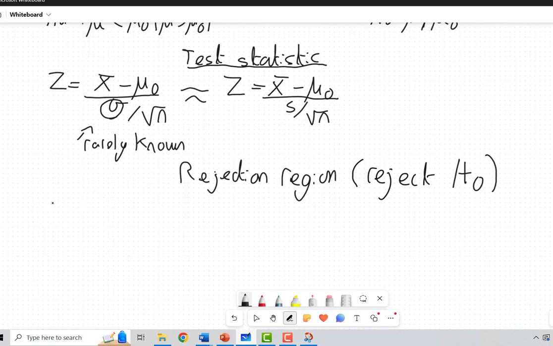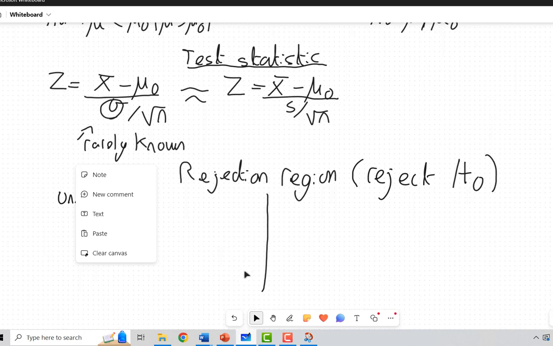And here we're going back to one-tailed and two-tailed. The z was the same for both of them.